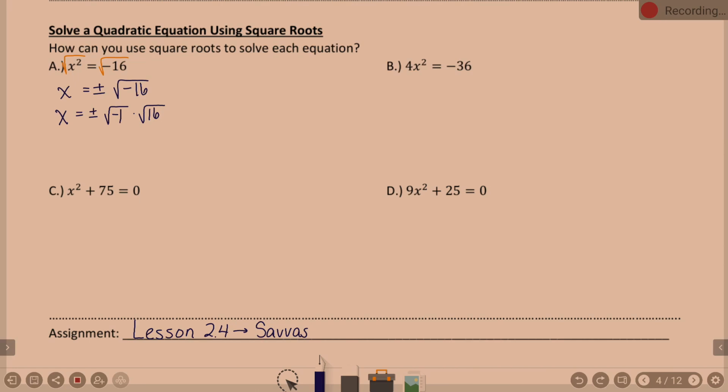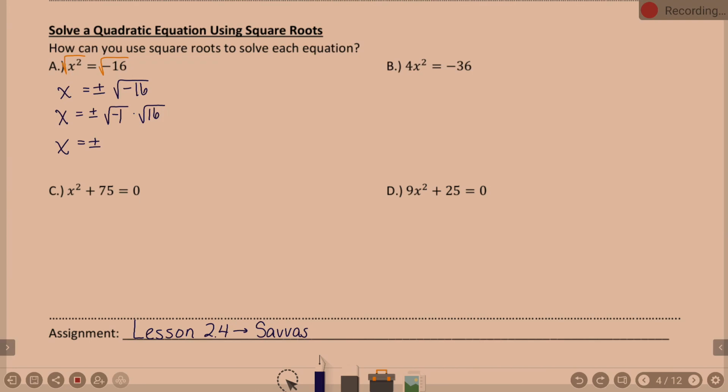Yeah, that's very possible, especially at this point. But if you're struggling, here's what I'm going to show you, okay? What's the square root of negative 1? What's this lesson about? What's the square root of negative 1? i. What's the square root of 16? 4.